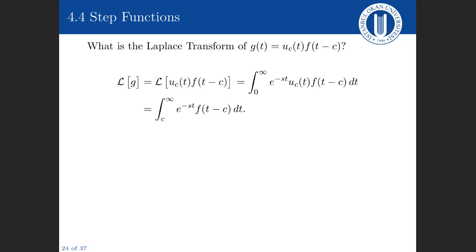And the unit step function is equal to either 0 or 1. Between 0 and c, the function is 0, so we don't need that. And then between c and infinity, the function is equal to 1. So really, we're just doing the integral from c to infinity of e to the minus st f at t minus c.